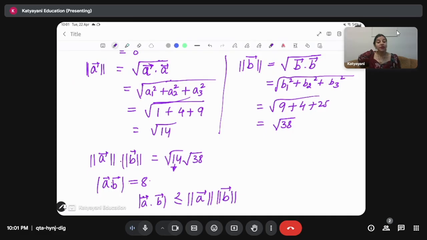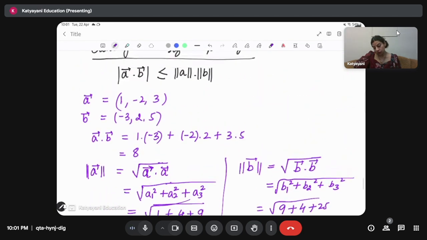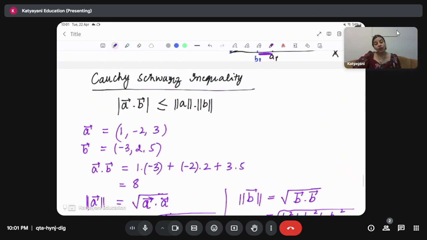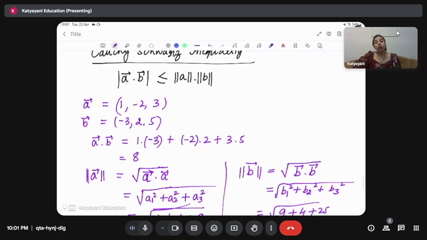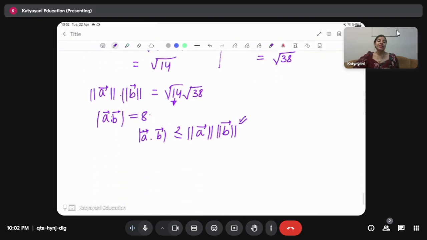But for a dot b we are getting 8, so this is obviously greater than 8, right? So we've proved, for this particular set of a and b, that if I take the dot product and then the absolute value, it is always less than or equal to the product of the norms of those two vectors. So you will not be asked to prove the Cauchy Schwarz inequality, but this is something that is useful in other proofs.